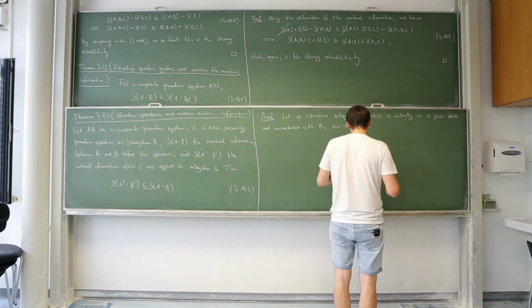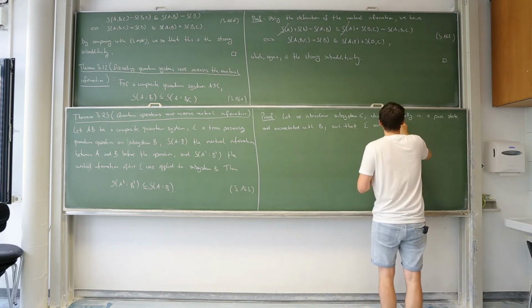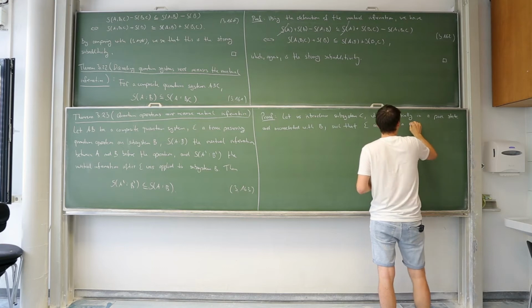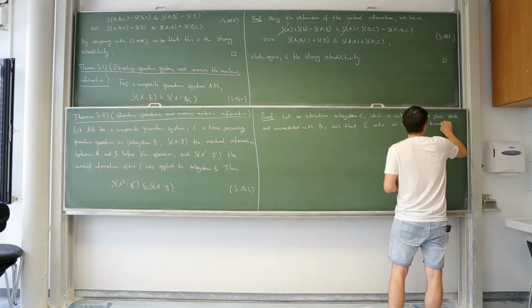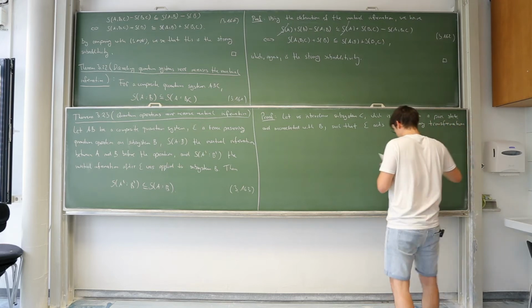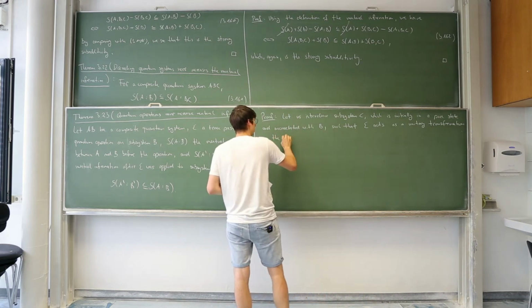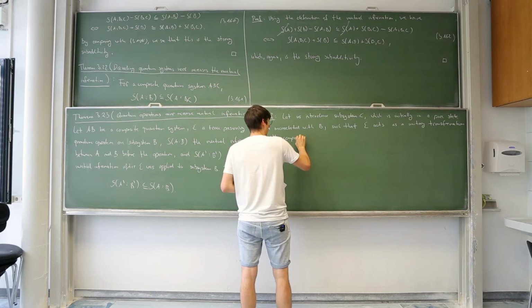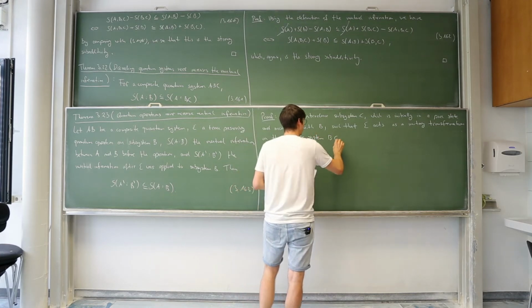So, such that E acts as a unitary transformation on the composite system BC.